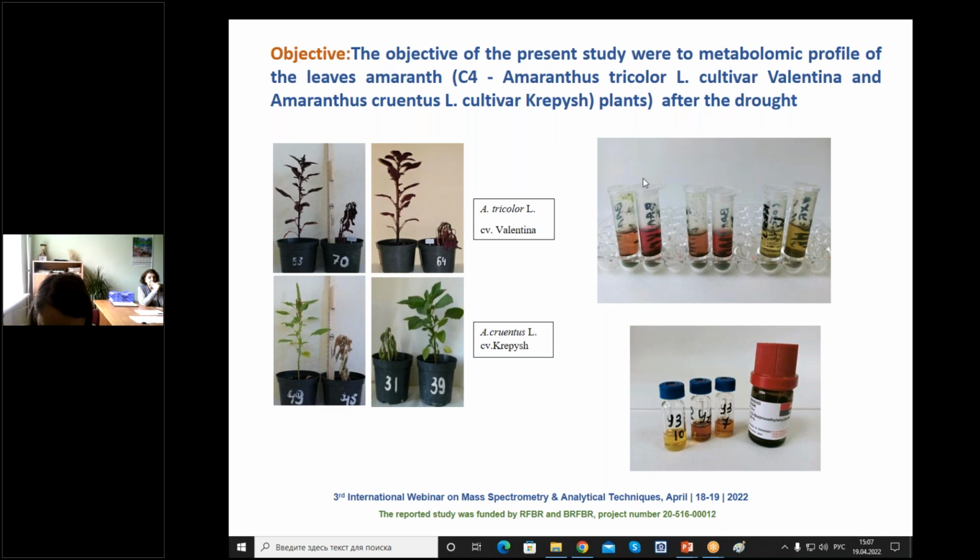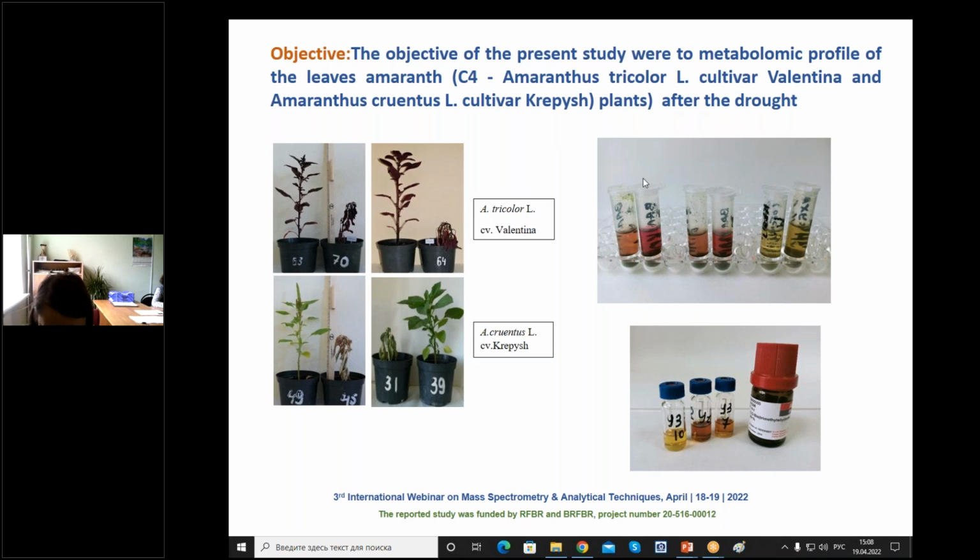Reactive oxygen forms speed accumulation, and it leads to the development of water stress, to change of chlorophyll structure, to decrease of photosynthetic pigments and metabolites, to damage of plant cells.